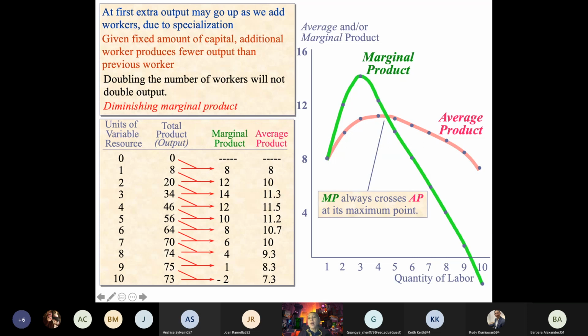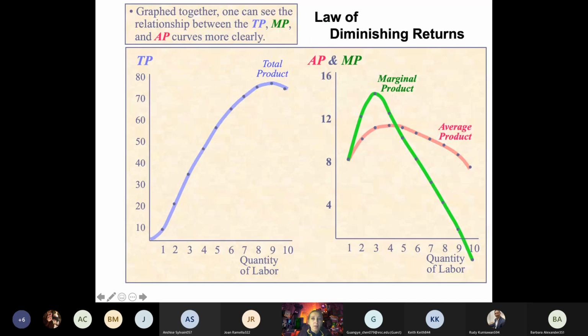When marginal product is above average, the average is rising, and when the marginal product is below, the average is falling. So interesting measures. We haven't talked yet about how we're using them, and maybe we'll mention it in a bit. So for now, let's look at this graph together.